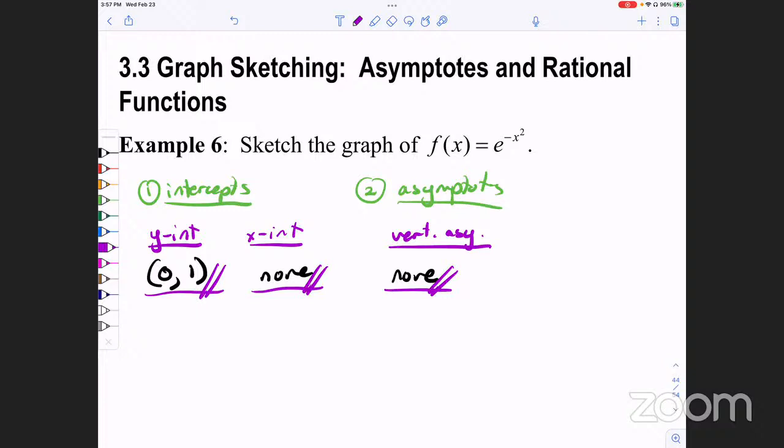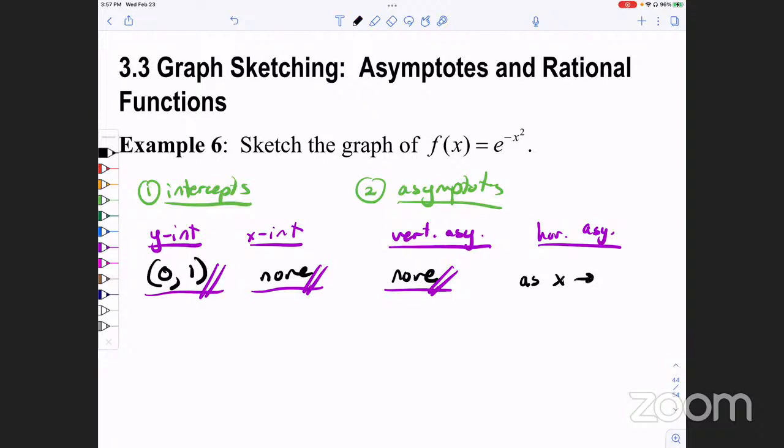So let's see. Now, as x goes to positive infinity, we're going to get e to the negative infinity, right? Let me think about that. So that tends to 0, right? So for the horizontal, I'm just gonna write it like this.